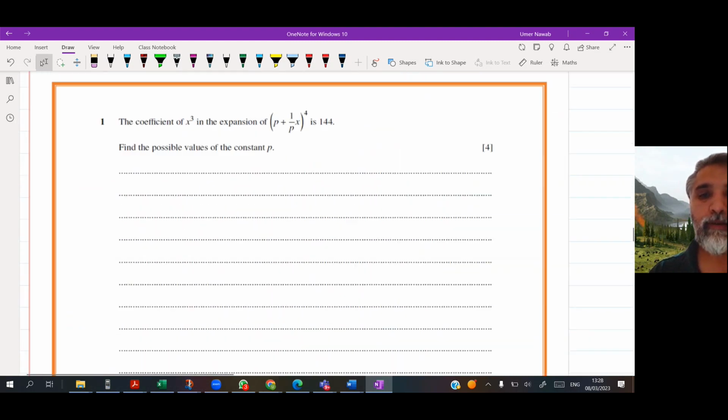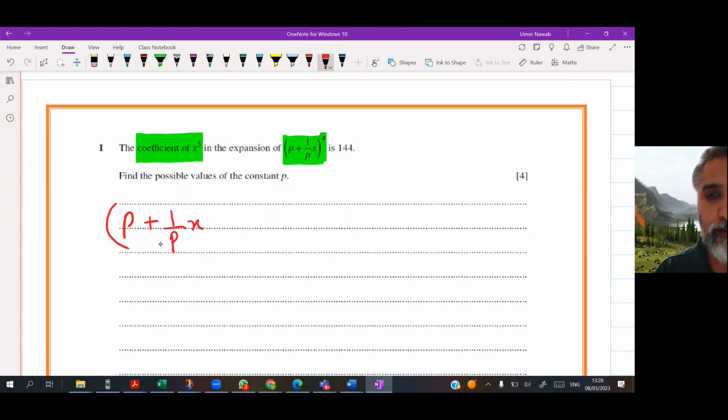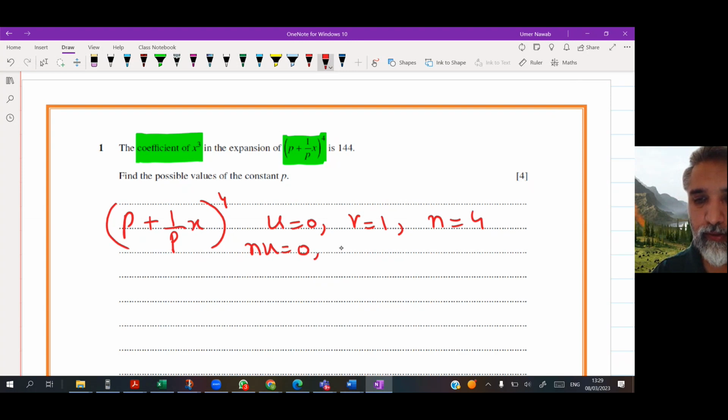Let's finish this question. We are looking for the coefficient of x to the power 3 in the expansion of (p plus 1 over p x) raised to the power 4. U is 0, v is 1, n is 4, and n times u is 0, n times v is 4.